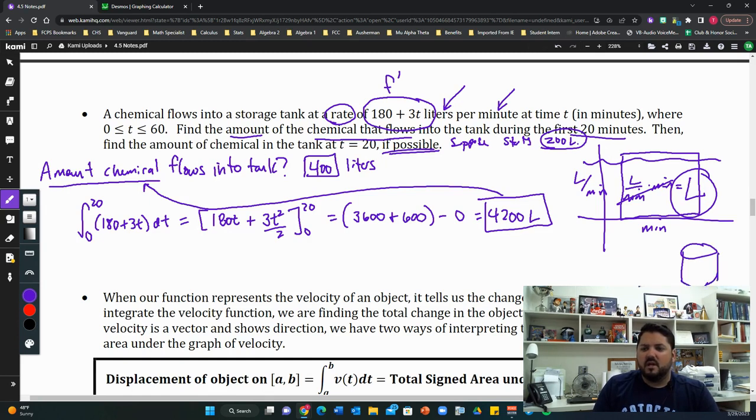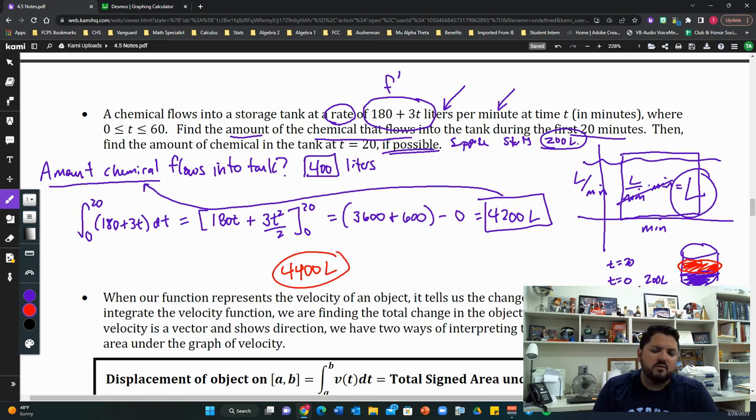So again, if here's my tank, if the chemical level was at 200 liters when t equals 0, by the time t equals 20 minutes, now I know that there has been a new 4,200 liters added in there. So by the end of that, we know that the new total would be 4,400 liters.